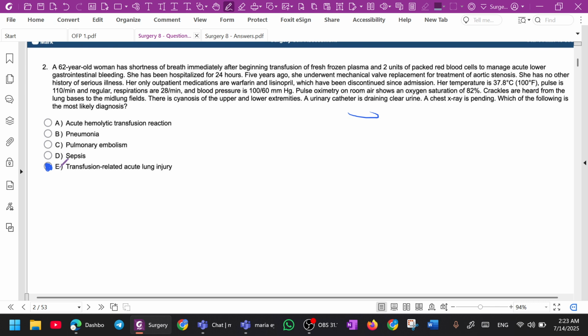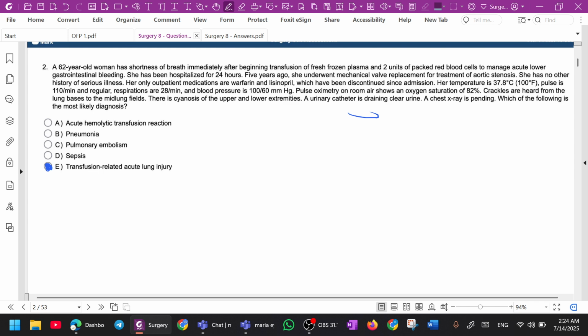Is it acute hemolytic transfusion reaction? For this to happen, the urinary catheter would show bloody urine, wouldn't it? No, it's not required, but it may happen. The evidence may show some sort of hemolysis.